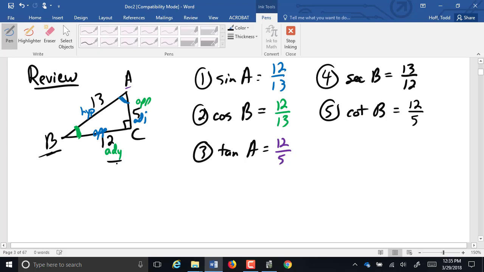Adjacent over opposite, so the adjacent is the 12 over the 5. And cosecant of angle A? Hypotenuse is 13 over which one? Over the 12, yes. For angle A, it's hypotenuse over opposite, and for A, the 12 is the opposite.